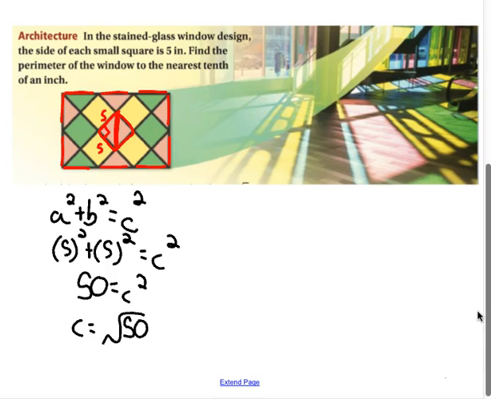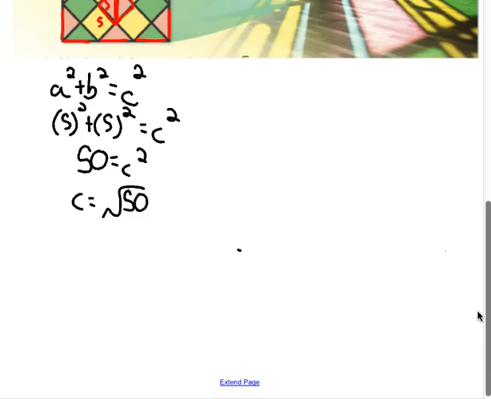Now, of course, I'm not going to leave it like that, because as educated Algebra 2 students, we can see that the square root of 50 is actually going to break down. What perfect square divides into 50? Well, 25 and 2. So what does that mean? That means I'm going to have 5 square roots of 2.